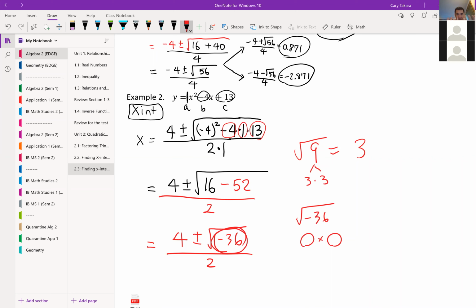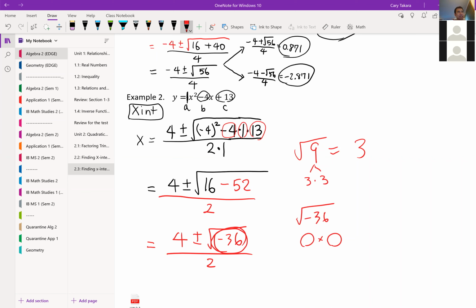Can two numbers being the same number multiply and get a negative number? The answer is no, it's impossible, because positive times positive is positive. Negative times negative is still positive, isn't it? Right? Again, the two same numbers, 2 and 2, negative 2 and negative 2, if you multiply them, you will always get positive.